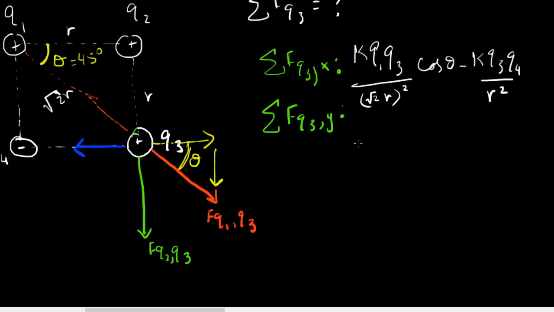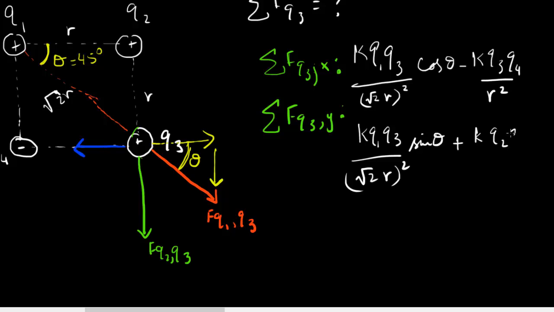Then the force in the y direction on q3 is going to be the y component of the force between q1 and q3, which is going to be k q1 q3 over square root of 2 r squared, sine theta, and the force between q2 and q3, which is also going in the same direction, so it's going to be plus k q2 q3 over r squared.